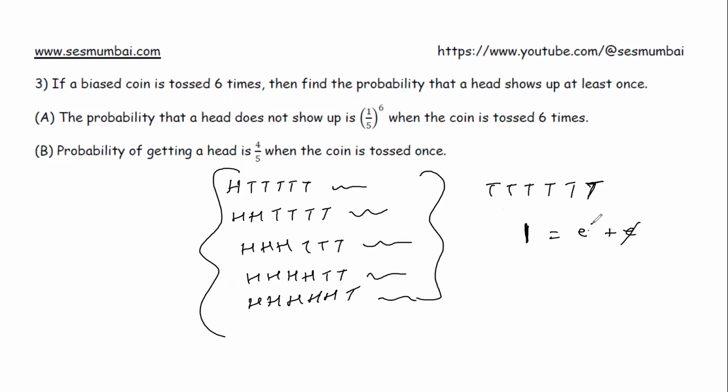So we are looking for the event that occurs at least once. If I subtract from one the event that doesn't occur, meaning no head shows up, then I'll end up getting the event which I'm looking for, which is the circle part. So if I find out this probability, then I get my answer.